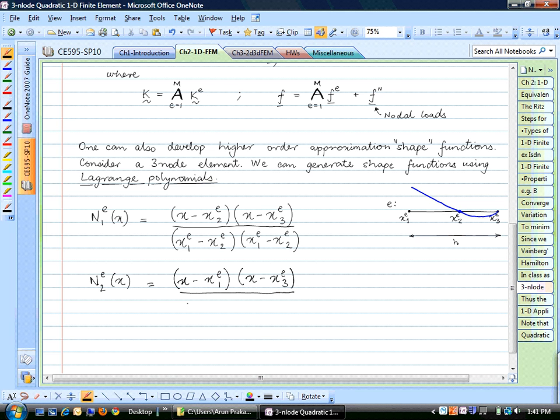So if you divide this out by (xe2 minus xe1), that's the first term, and (xe2 minus xe3). So once again, this shape function will go to 0 at nodes 1 and 3, and it will go to 1 at node 2. So what this might look like is something like this.